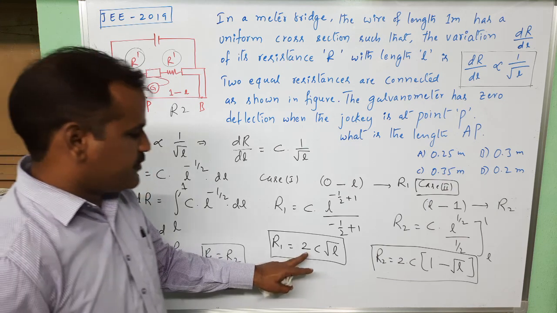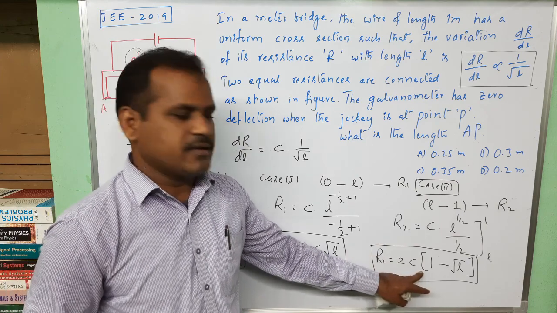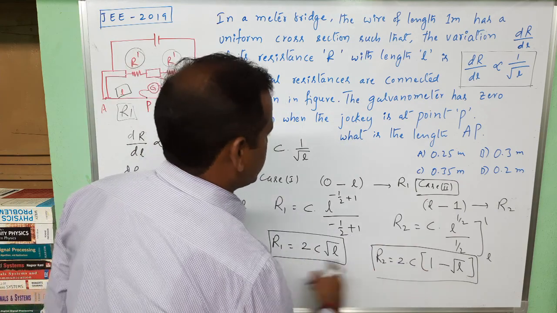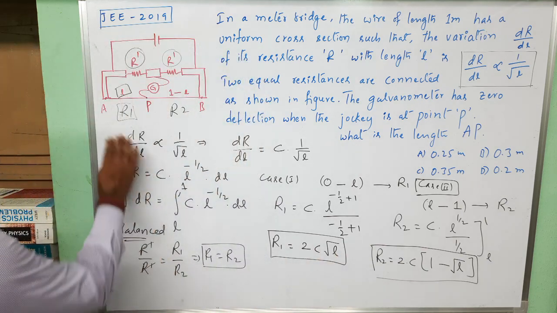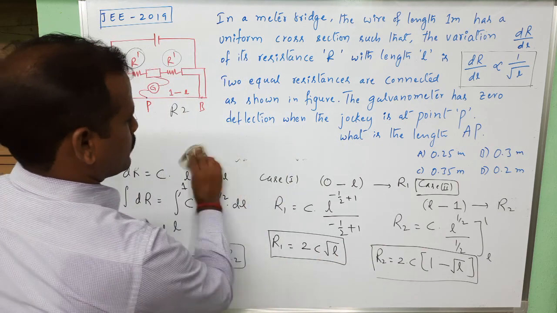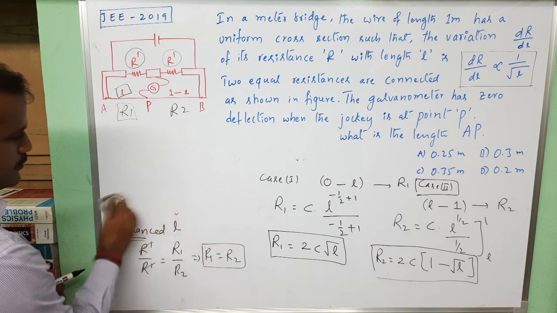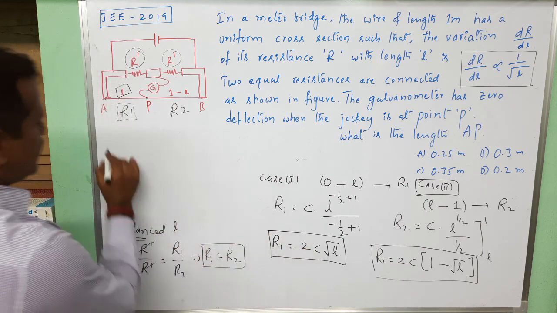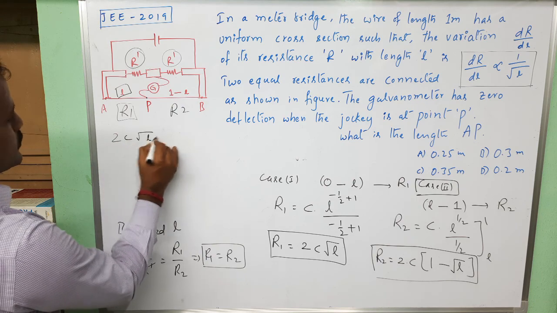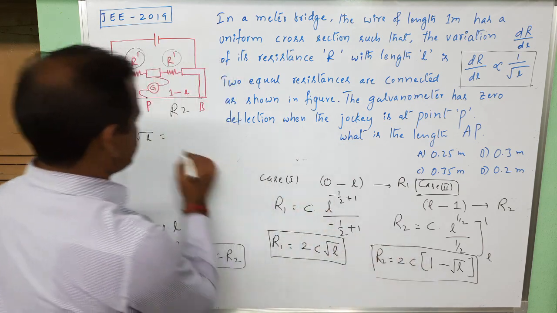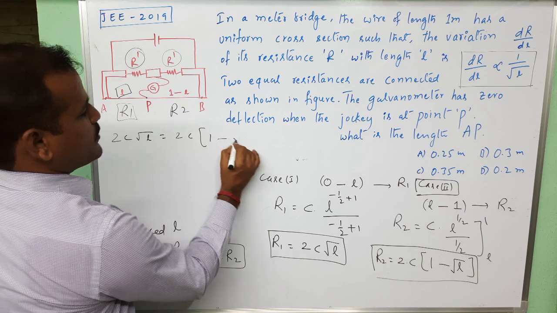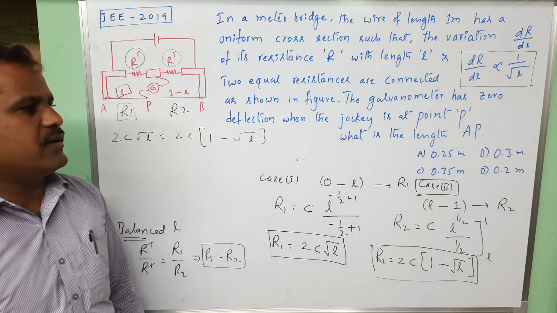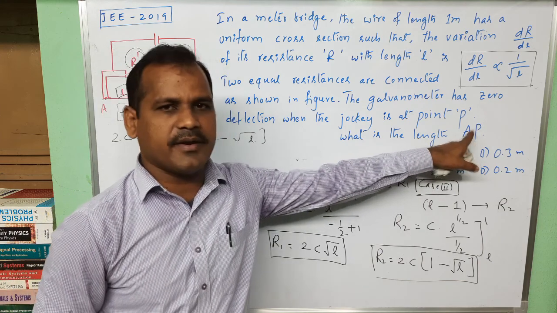That means if this expression is equal to this expression, then what is the value of L we need to find. So let us equate these two expressions. So this is 2C root L, which should be equal to the R2 value, that is 2C into 1 minus root L. Under this condition, what is the value of L, or what is the length of AP, is asked.